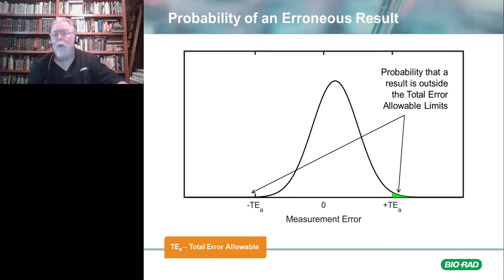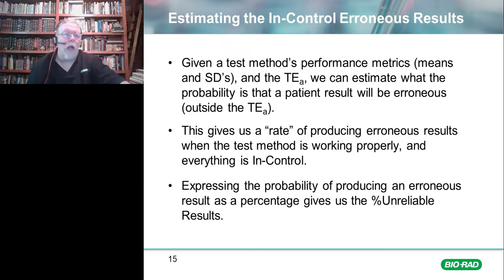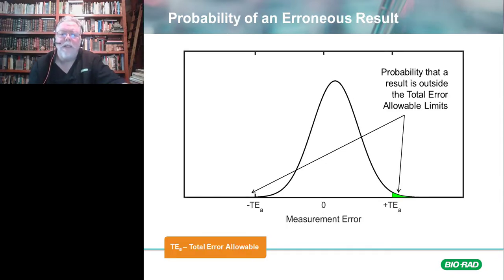And there's a way that we can compute that. If I've got my performance metrics, basically the means and SDs that correspond to the QC lots I've evaluated for this material and this test method, and a total allowable error specification, then I can estimate the probability contained in these tails.